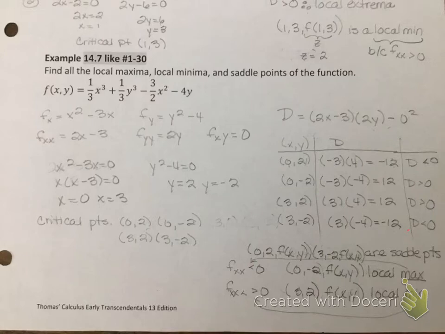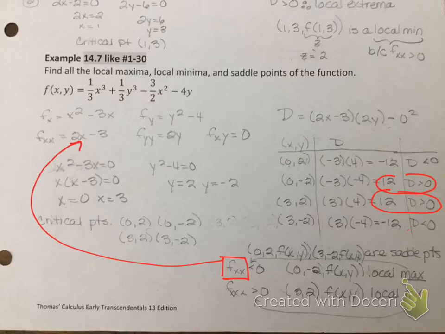The 2 values that are greater than 0 give me local extrema. To figure out whether a point is a local min or a local max, I'm going back to my f sub double x, and I am plugging in the 0 because there's nothing to plug in for the negative 2 yet.